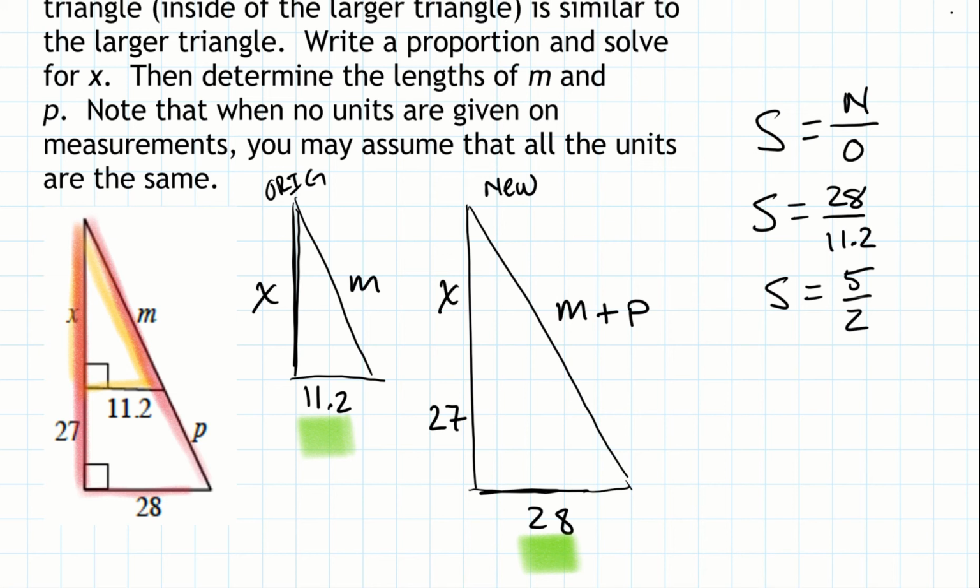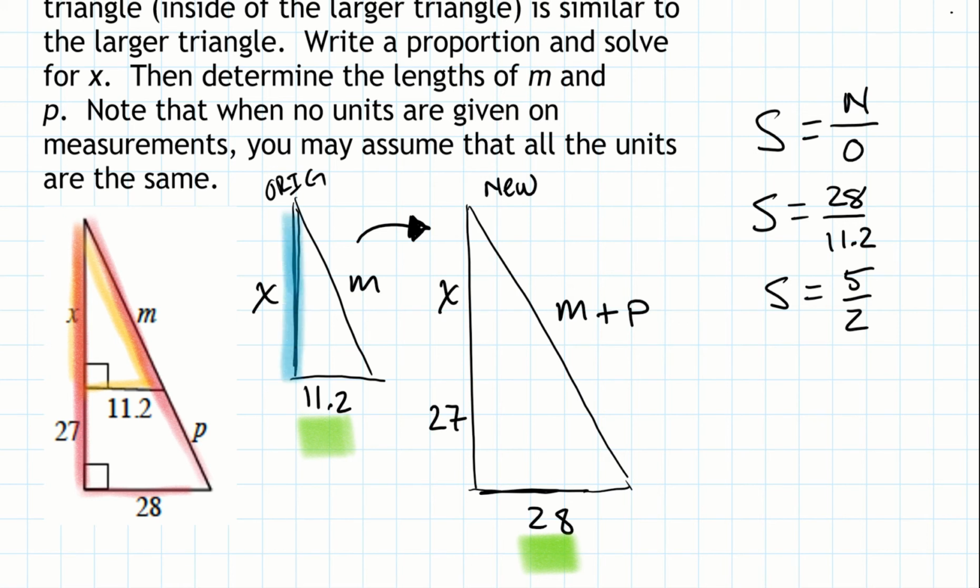So my scale factor here is 5/2. And what's nice about that is I can take any of the dimensions in the original triangle, the x, the m, or the 11.2, and when I multiply those by the scale factor, I get the new corresponding dimension. So if I look at these two, I'll label them in blue.